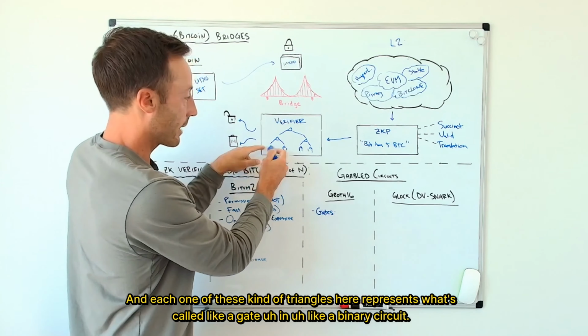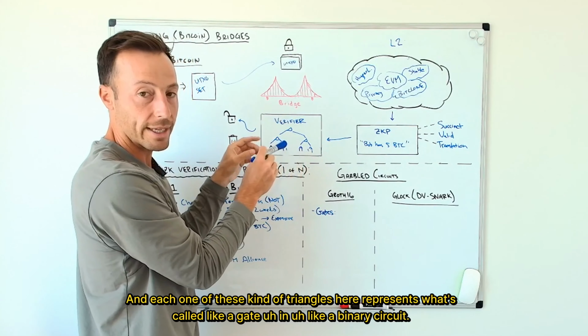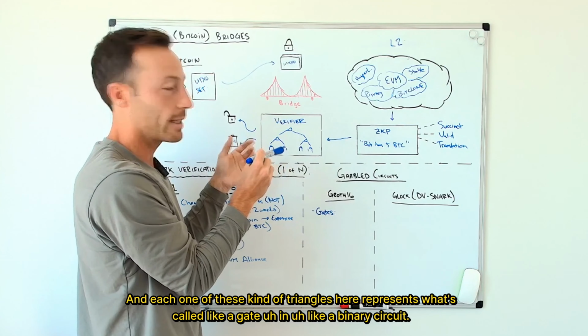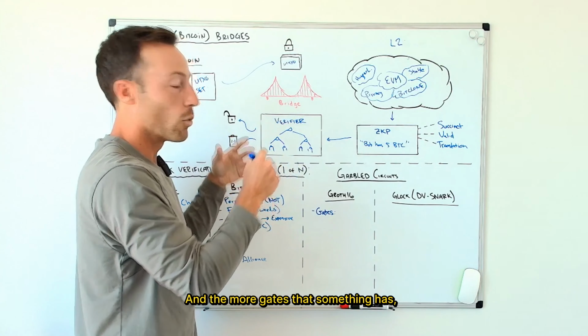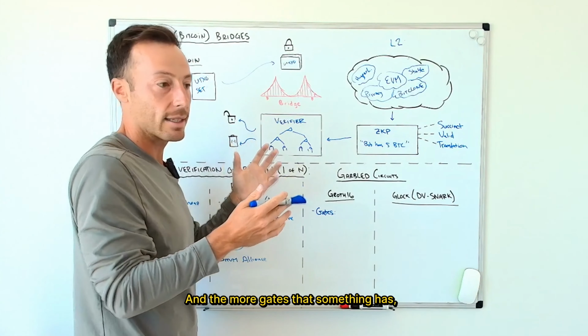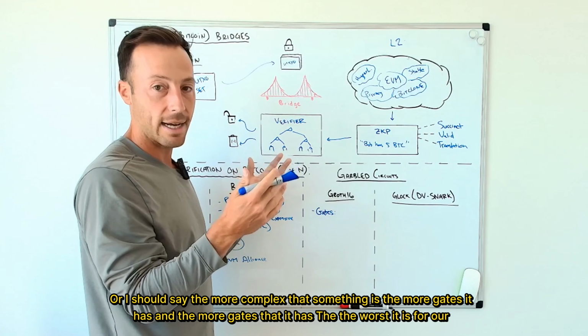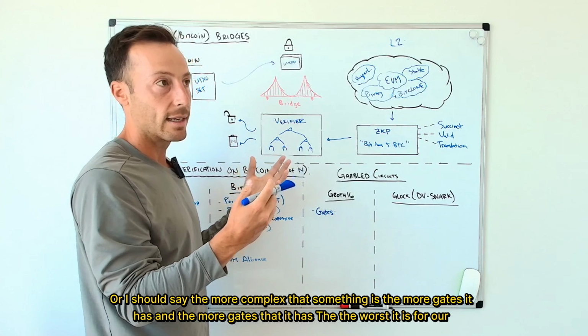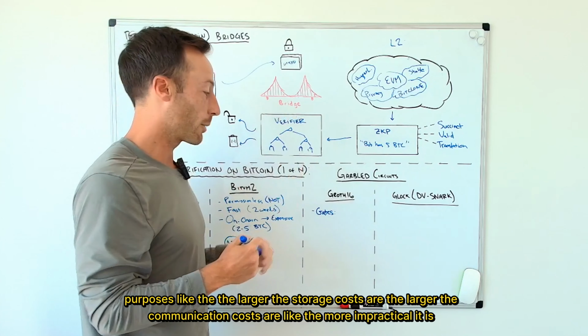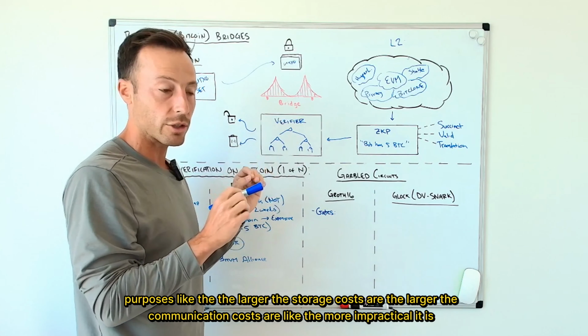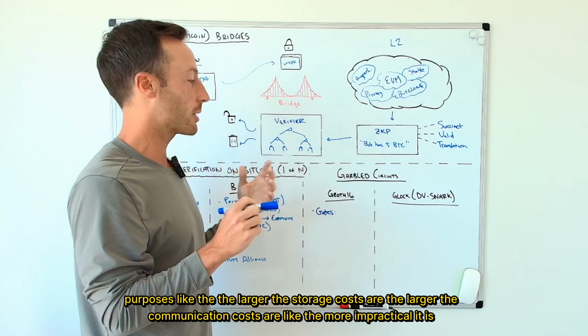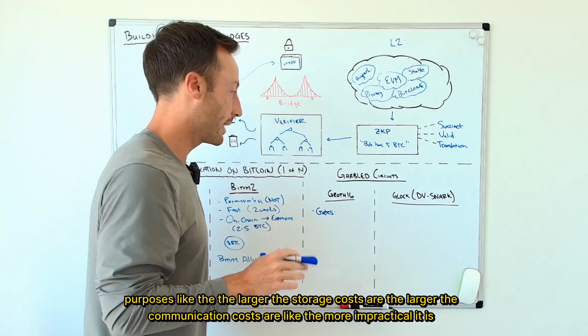And each one of these triangles here represents what's called a gate in a binary circuit. And the more gates that something has, or I should say the more complex that something is, the more gates it has. And the more gates that it has, the worse it is for our purposes. The larger the storage costs are, the larger the communication costs are, the more impractical it is.